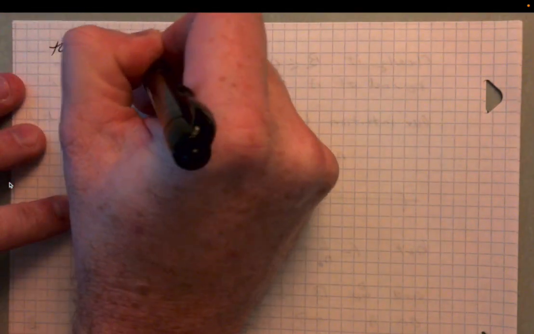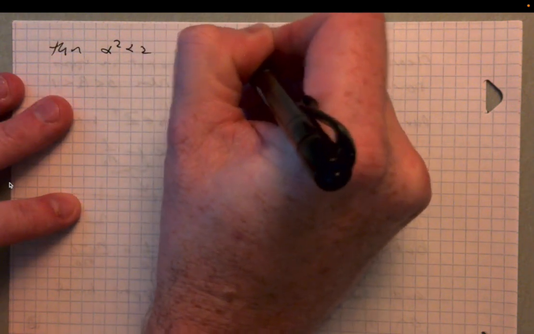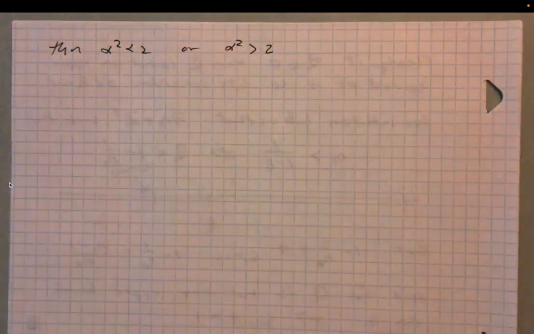All right. So what we'll say is then that alpha squared is either less than 2 or alpha squared is greater than 2. Can we do that? Well, let's see.